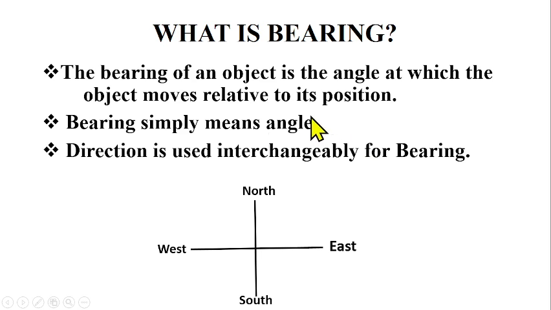You should be able to locate the north pole, the south pole, the west, and the east. You draw a vertical line, then a horizontal line. This forms the cardinal points, and it is the cardinal points that we use to represent the position of any object in bearing. You're going to be seeing a lot of cardinal points in bearing.